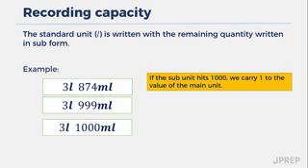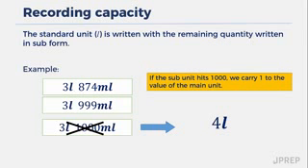However, if we have 3 liters and we have 1000 milliliters, we do not write it like this, but rather we write it as 4 liters because we are going to convert the 1000 milliliters into 1 liter. So 1 liter plus 3 liters will give us 4 liters.